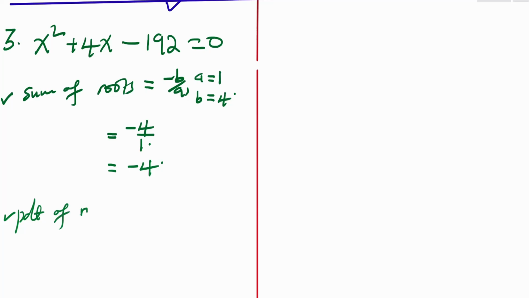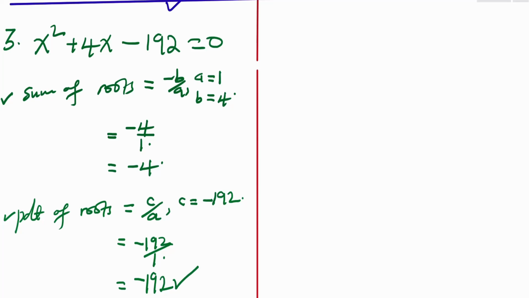Also, product of roots equals c over a, and our c is equal to negative 192. So as we substitute in, we are going to have negative 192 divided by the value of a, which is 1, implying that the product of the roots is negative 192.